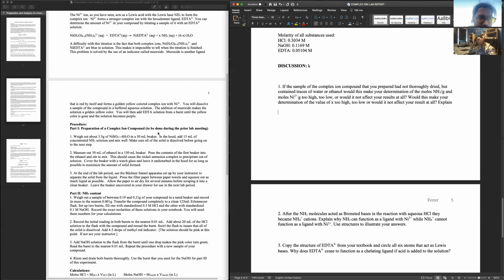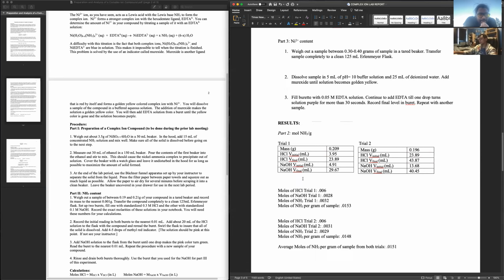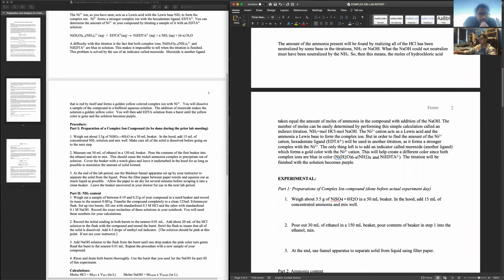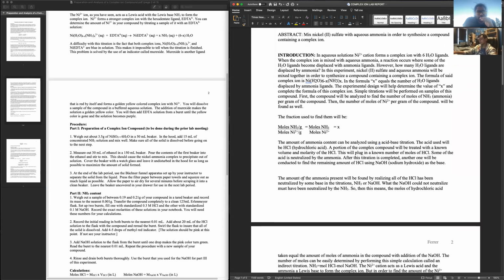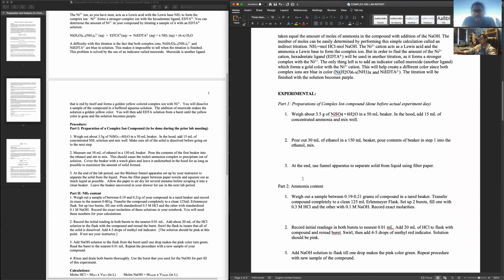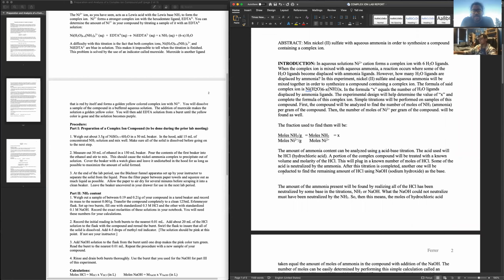And it should mean that, let's see. So yeah, it'll definitely make the number of ammonia less. And let me see how it would affect the number of nickel. Oh yeah. See that up there? So in the aqueous solutions, that cation forms a complex ion with 6 H2O ligands, right?